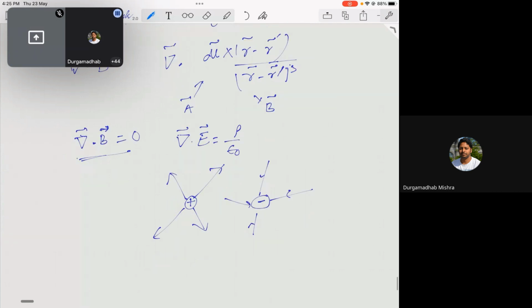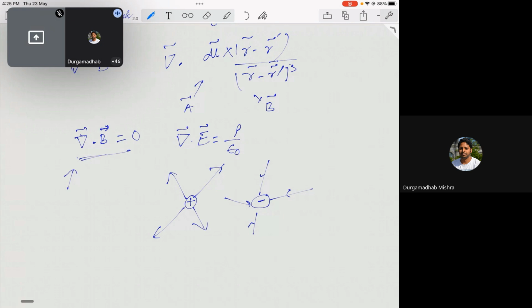But I don't have such a privilege in magnetostatics. I cannot have an individual magnetic charge like the electric charge. So if I have any magnetic charges, they will appear in pairs.